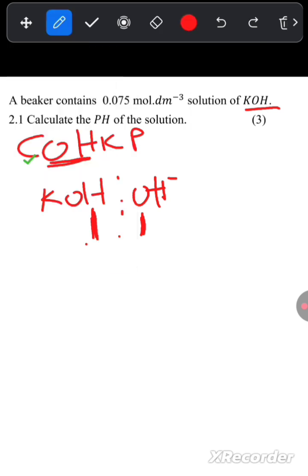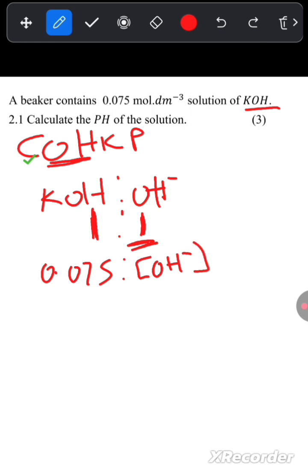Right. This is always 1. Now, we say the concentration is 0.075. Now we want to know what is the concentration of OH minus.